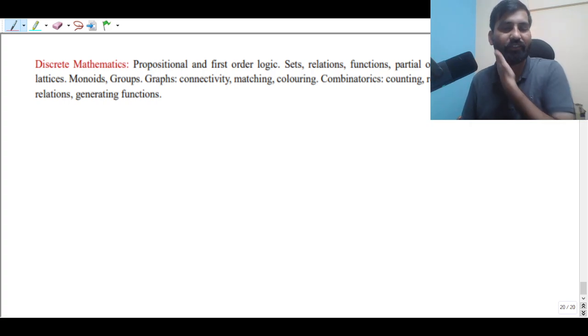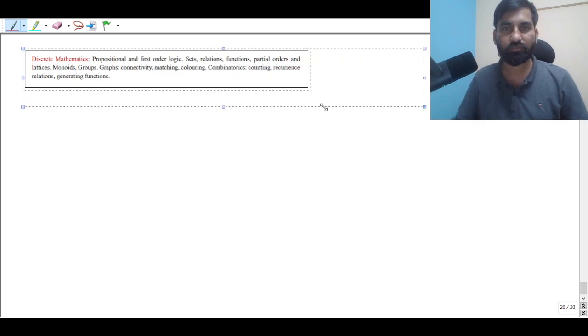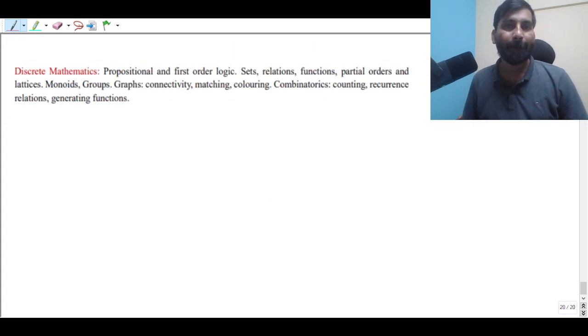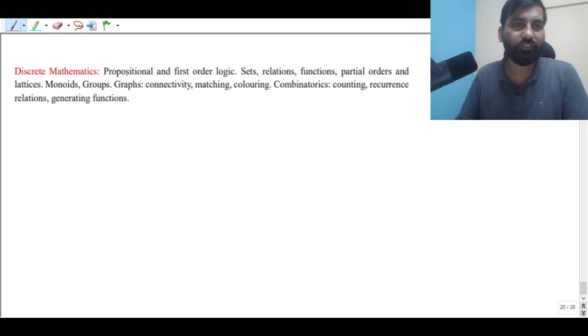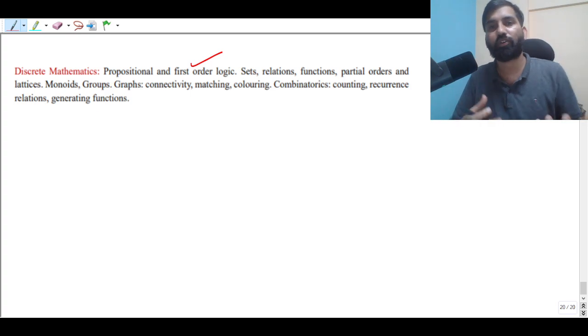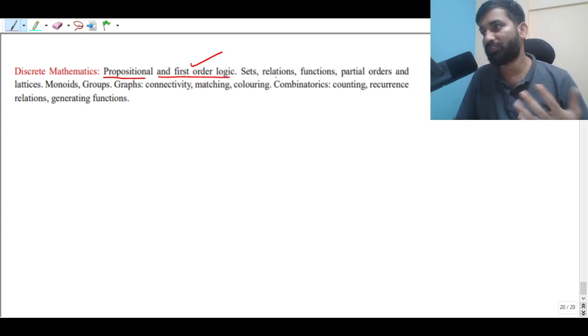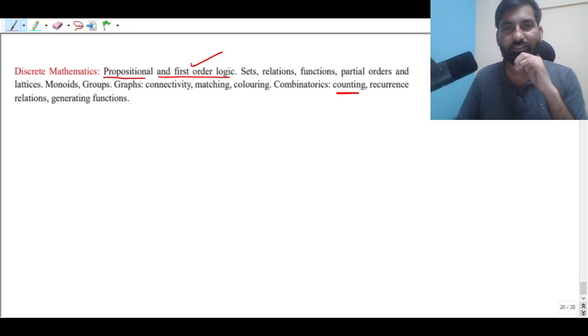I think everybody is able to see. So discrete mathematics, we are going to talk about propositional and first order logic. What I have done here is I have taken this as the second topic, not the first topic. We started with the counting techniques, that is nothing but combinatorics.